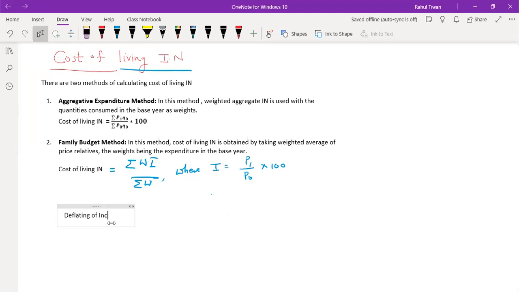Deflating of income means you should know the real income. So how do we get the real income of the person? I'm just giving this example, and you can try to understand using it.